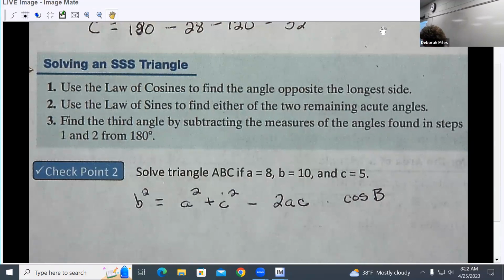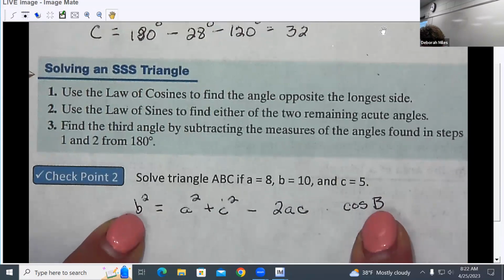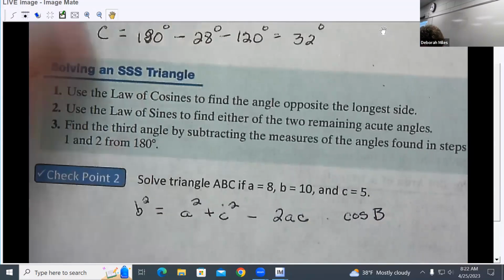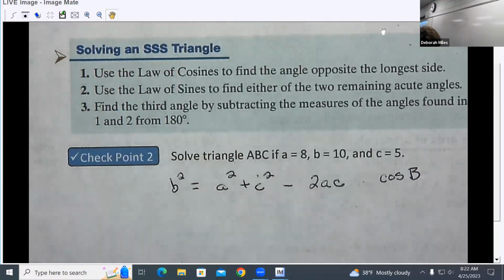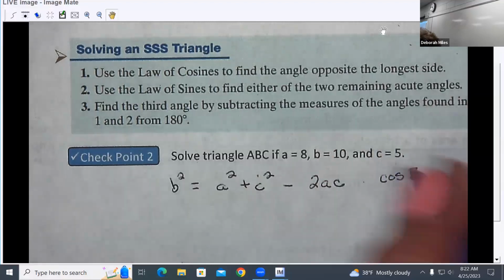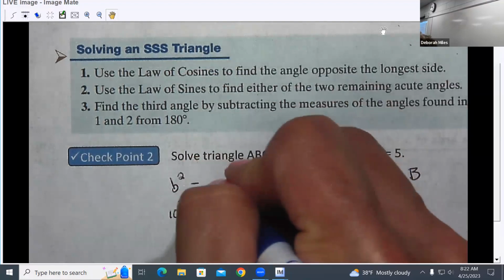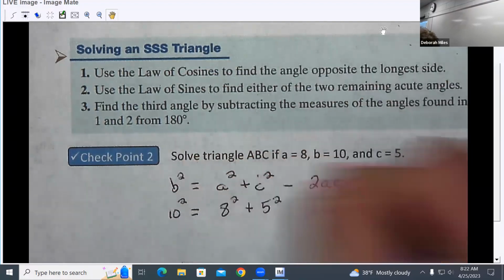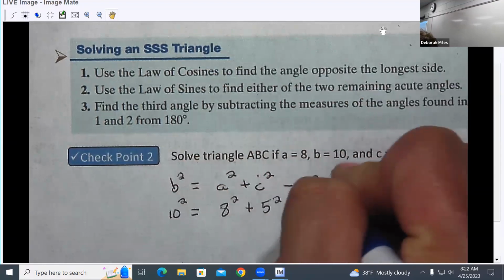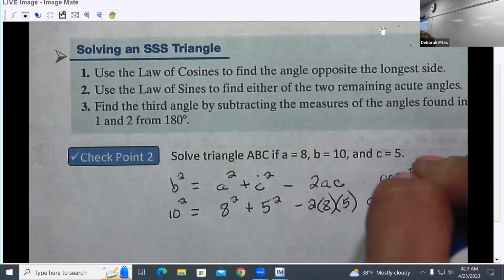You could either plug in the numbers first and then solve for cosine beta, or you could solve for cosine beta and then plug in the numbers. Doesn't matter which one you do. Let me plug in some numbers here. If B is 10, I have 10 squared equals 8 squared plus 5 squared minus 2 times 8 times 5 cosine beta.